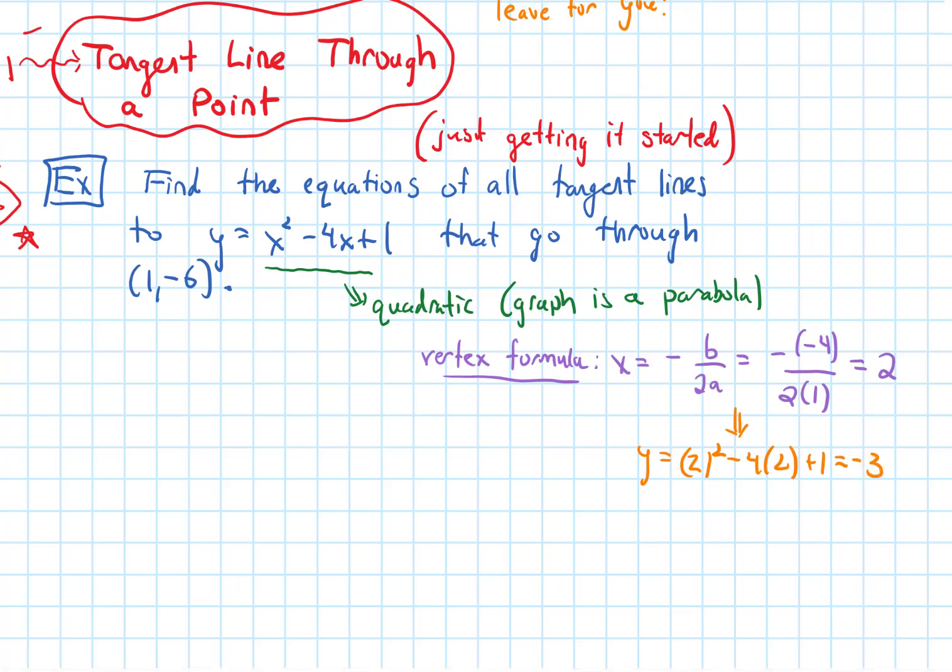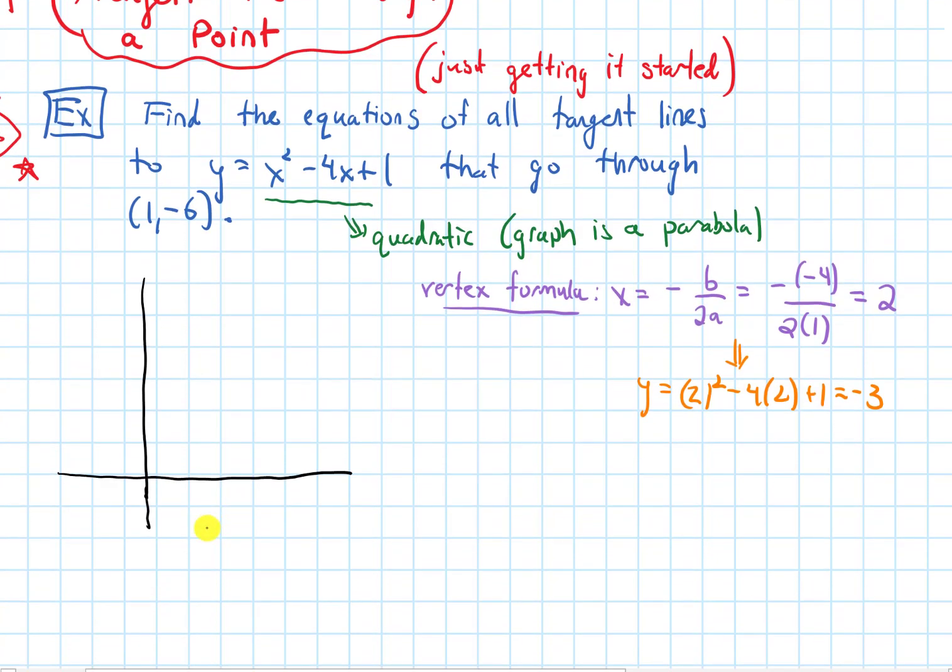Now we know the coordinates of the vertex. Let's draw a rough picture. I'm going to draw some axes. Because the leading coefficient of x squared is positive, it's going to be an upward facing parabola. Let's draw the vertex at 2 comma negative 3, maybe somewhere here, and draw an upward facing parabola that goes through there.